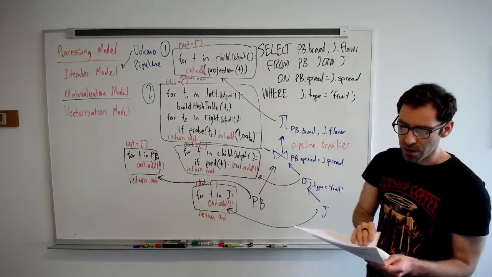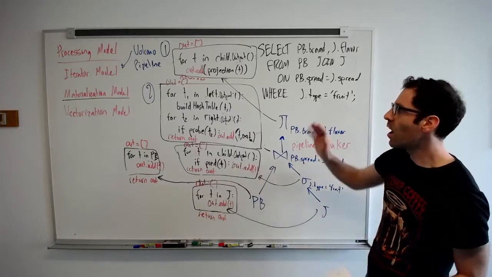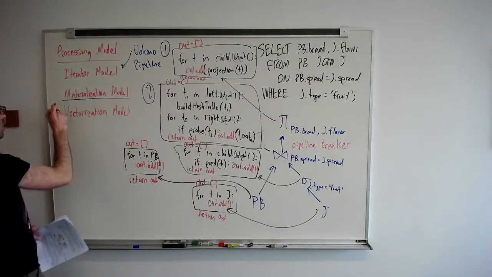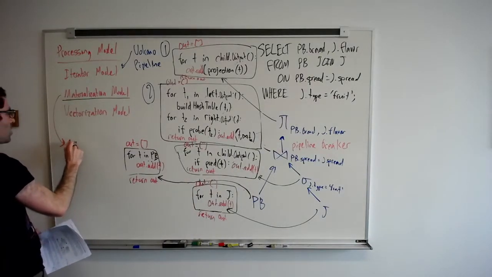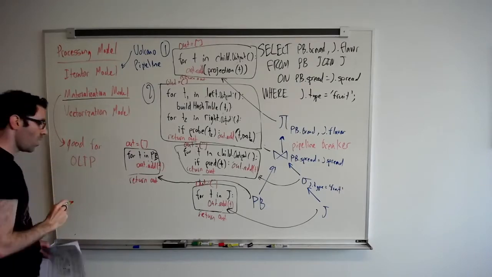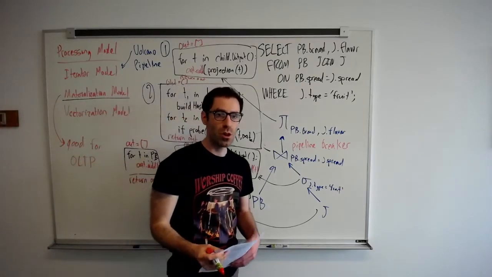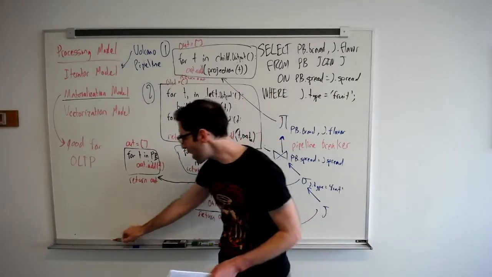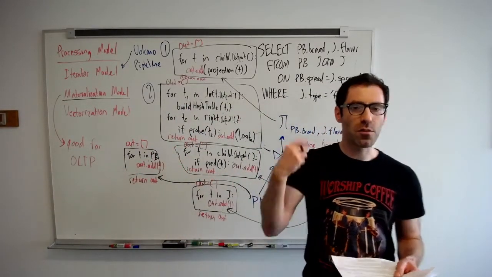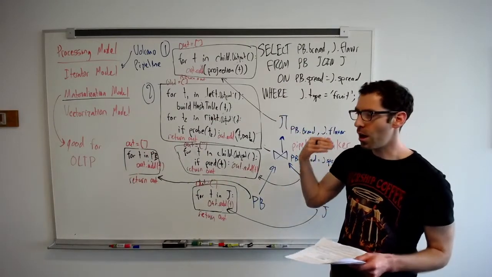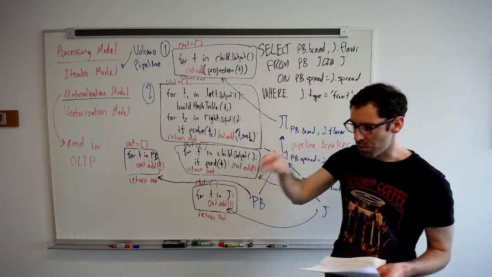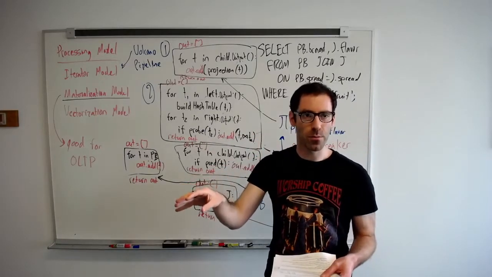So this is kind of a good fit for our OLTP workload, our online transaction processing. That's because our OLTP workload, if you remember, is lots of updates, inserts, and point queries, like retrieving a specific user's account information.